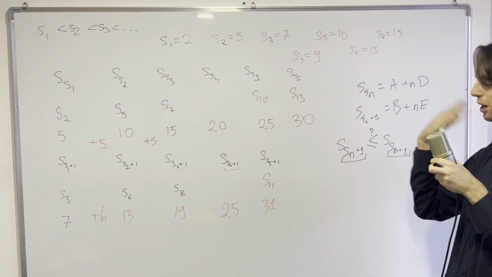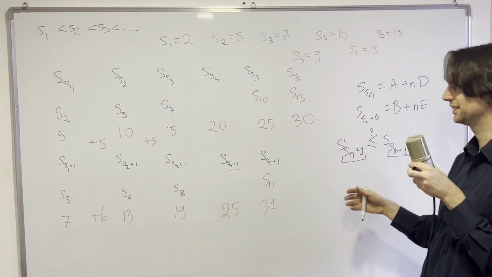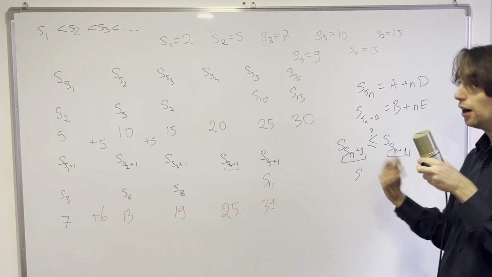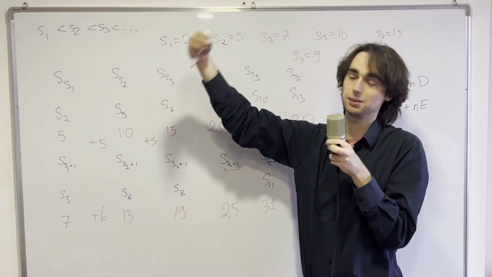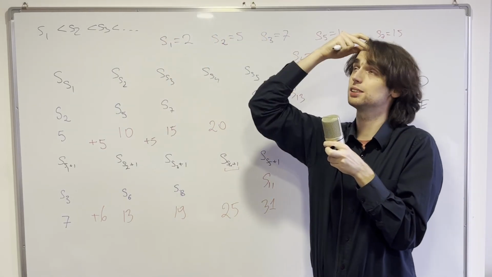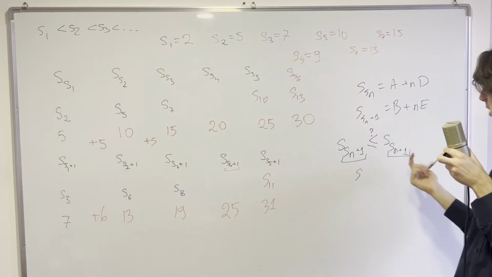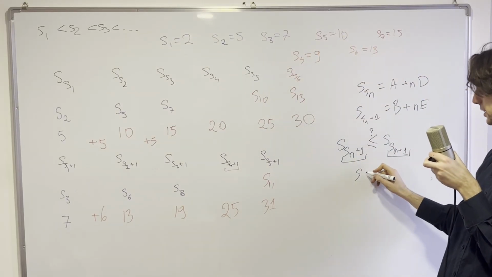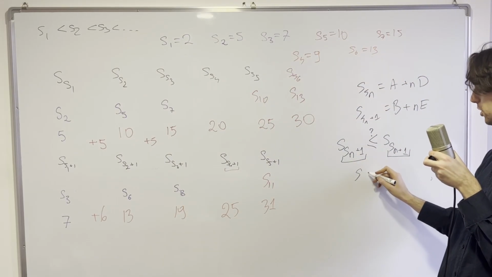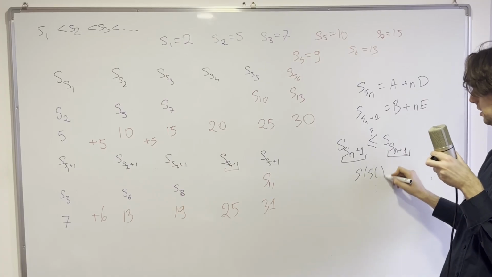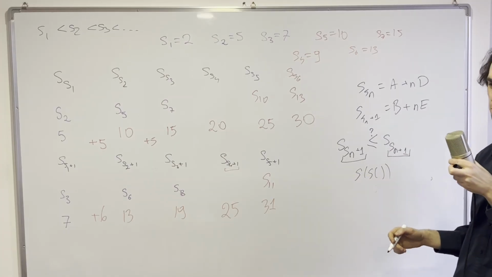And this is something you can generally do with sequences that are increasing. A sequence is a function from the positive integers to the positive integers. So if you have a function that's increasing, say S is increasing, then S of S is also increasing, right?